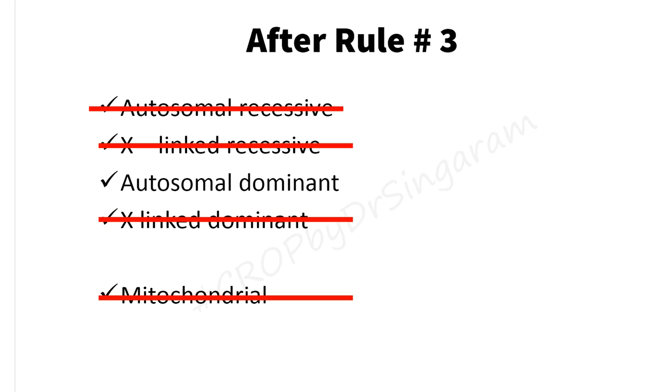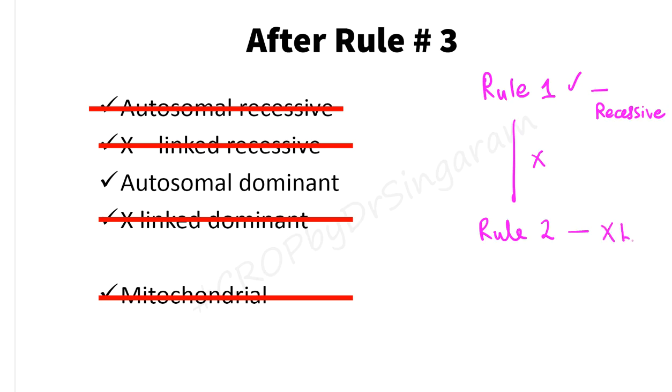Suppose I say that rule number 1 is applying, then your diagnosis is automatically recessive pedigree. Recessive pedigree would be either what? Autosomal recessive or X-linked recessive. You will stop there itself. Suppose rule number 1 is not applying, then you go to rule number 2. What is rule number 2 for? Rule number 2 is for X-linked dominant.